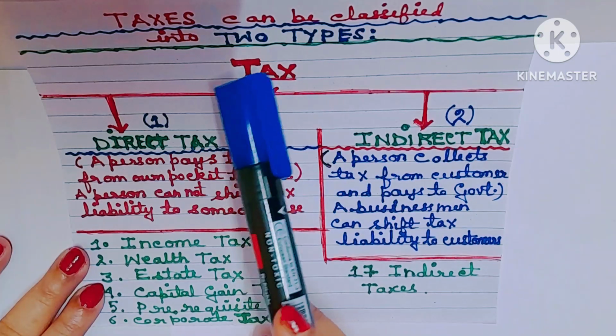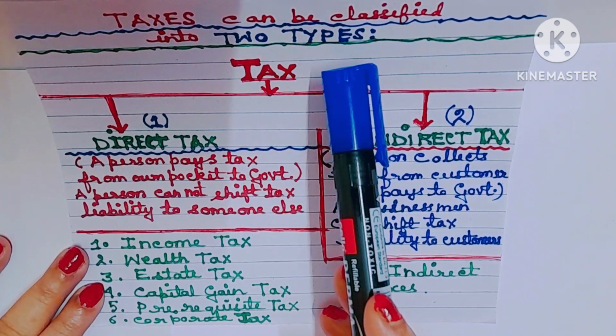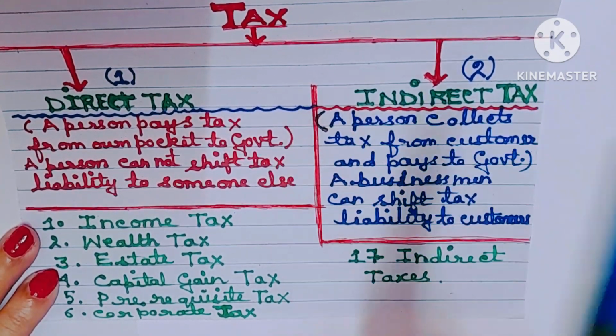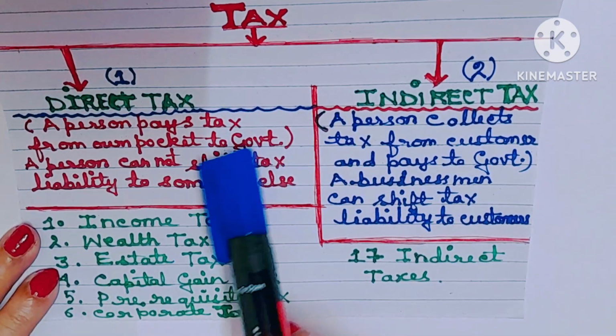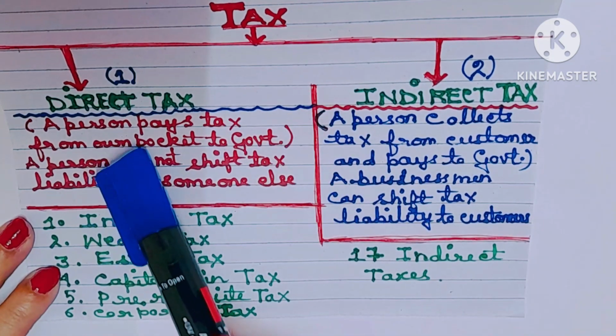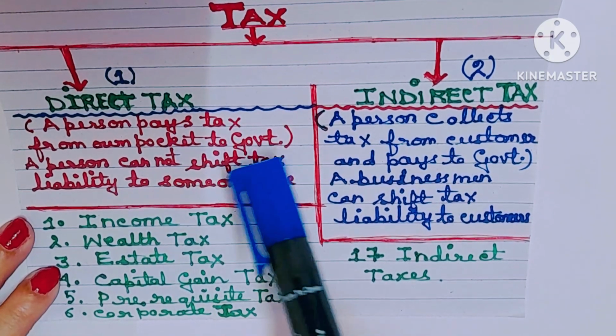And please remember, taxes can be classified into two types. Number one, direct tax. Number two, indirect tax. GST is an indirect tax. GST is not a direct tax. What is direct tax? A person pays tax from his or her own pocket to the government.